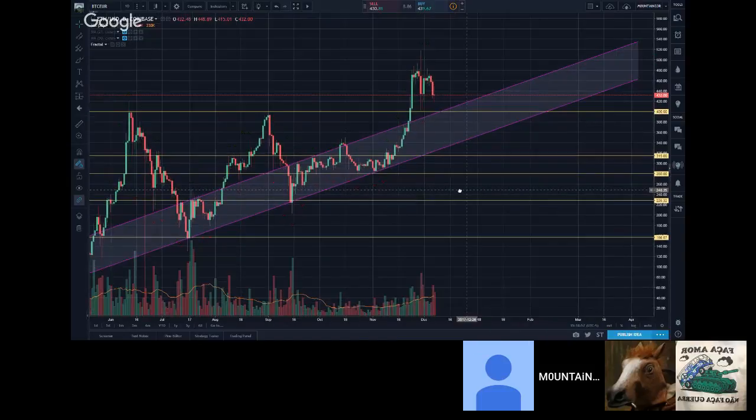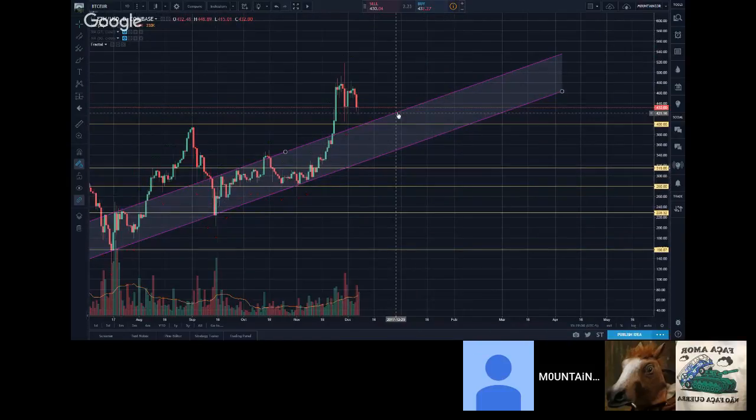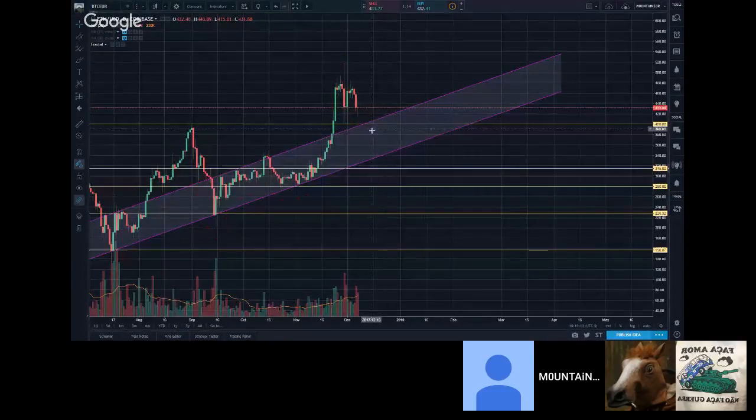It's very likely that we could move sideways for a little while and get back into this channel, or we could be a little more violent, come back down and test this support and resistance again at 400 and maybe pop back into this channel again somewhere around here. That would be a very logical thing for it to do.